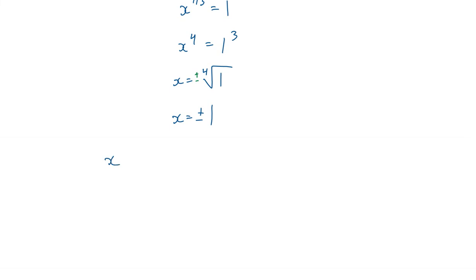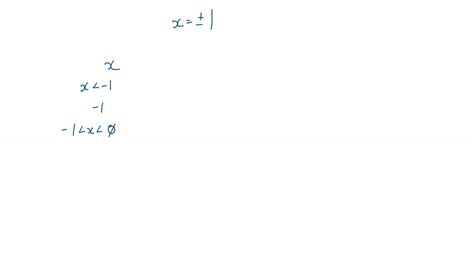So we're starting at negative 1 on the left. Our next value is 0. Our next value is 1. And there we go.